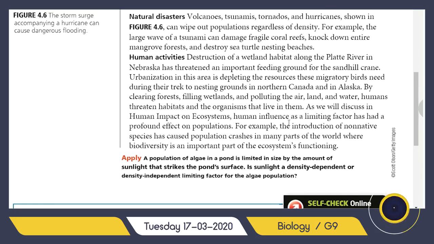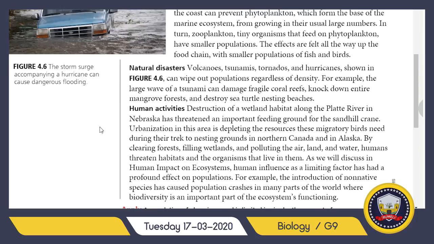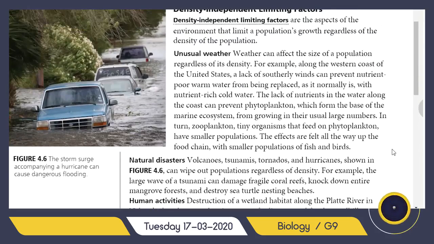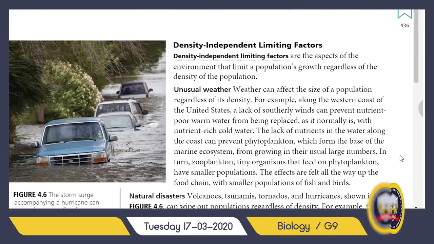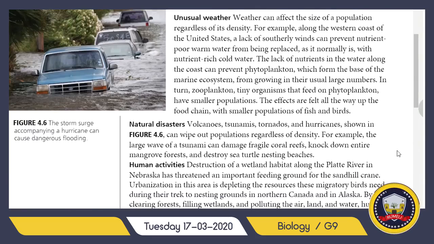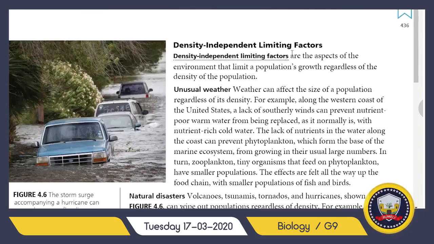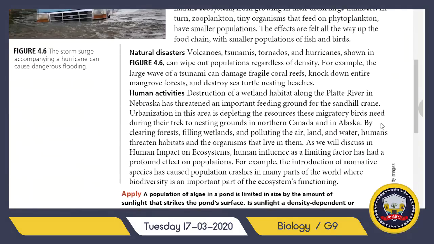We are introducing non-native species, okay, to different rural and forest ecosystems. And this is wrong. We are affecting the biodiversity of the ecosystem. And we are also polluting the forests, the rivers, and this can lead to a limiting factor, but density independent.